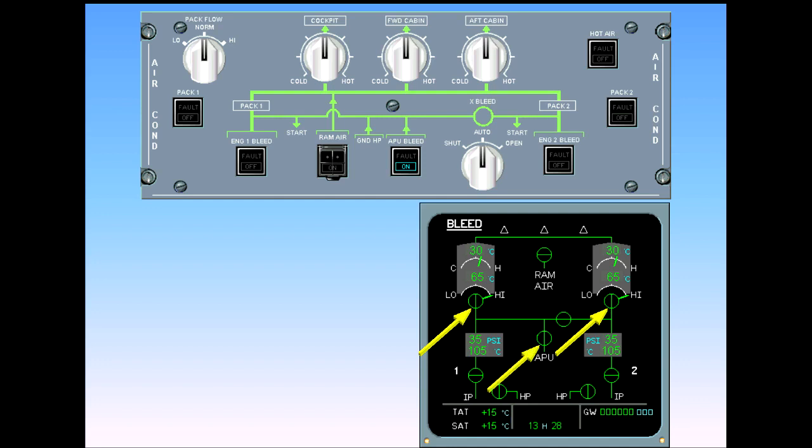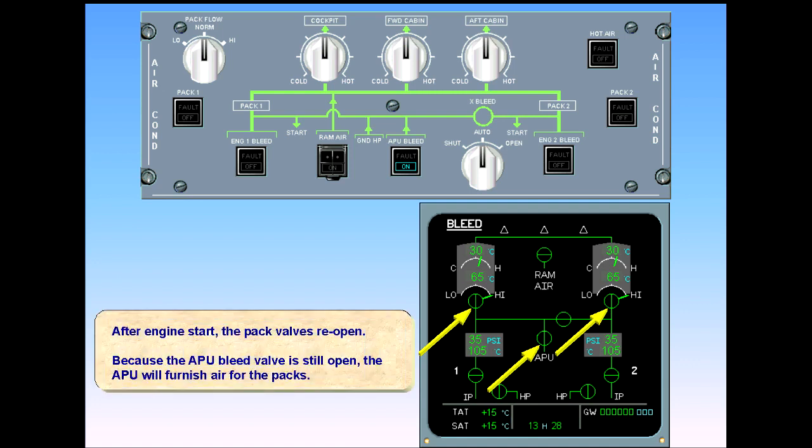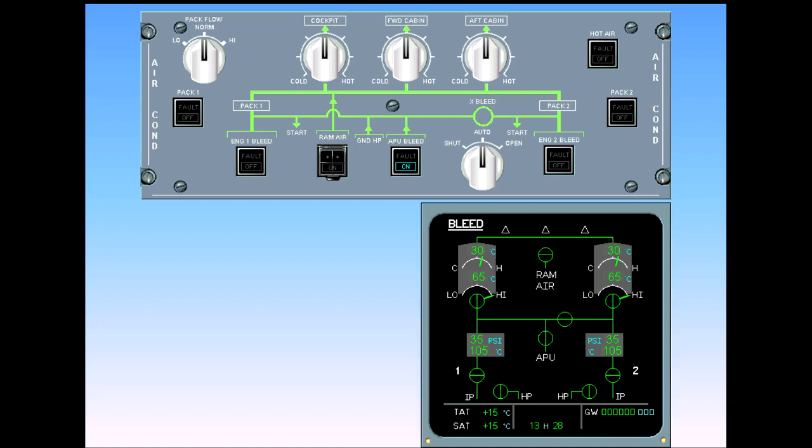Because the APU bleed valve is still open, the APU will furnish air for the packs. Notice that the engine bleed valves are still closed, even with both engines running, but that there are no bleed valve fault lights. This is because APU bleed has priority over the engine bleed.